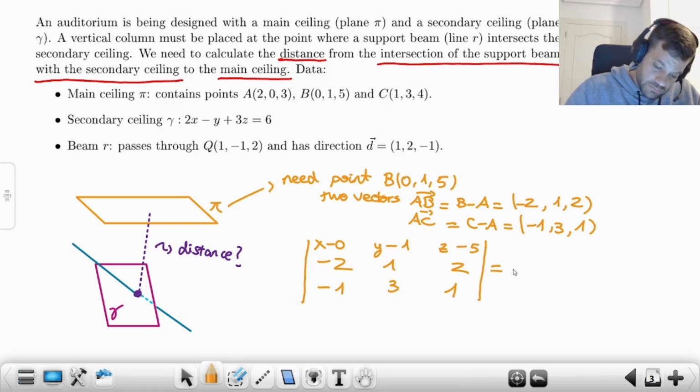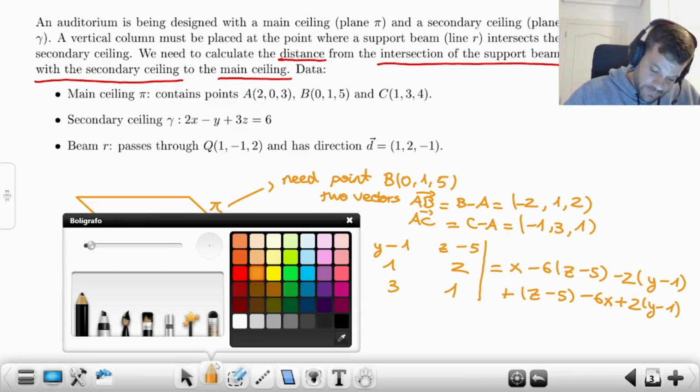Main diagonal: x, then this opposite corner -6 times z minus 5, this opposite corner -2 times y minus 1, secondary diagonal with opposite sign, so plus z minus 5, this opposite corner with opposite sign, -6x, and this opposite corner with opposite sign, plus 2 times y minus 1.